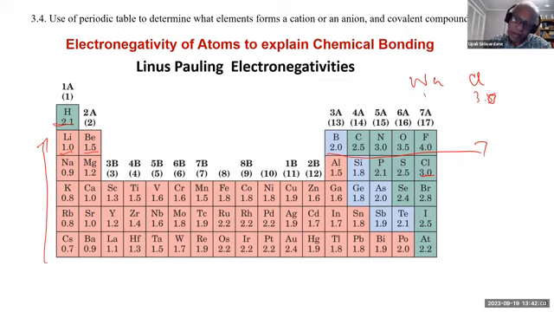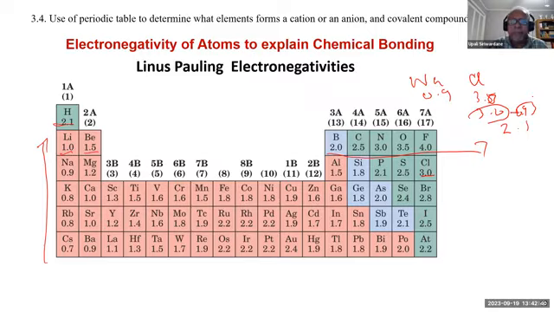Sodium is 0.9. Minus 0.9, you get 2.1. The difference, 3.0 minus 0.9, is 2.1. So we exactly say what electronegativity difference gives rise to whether ionic bond or covalent bond.